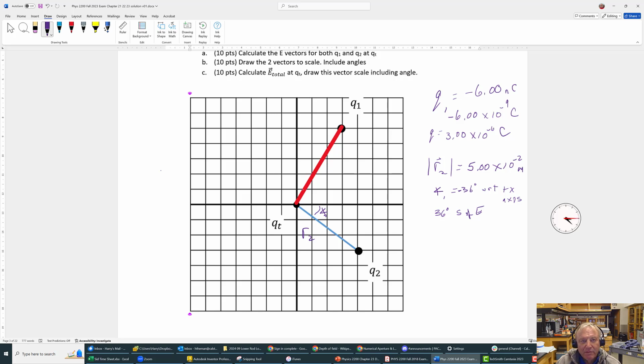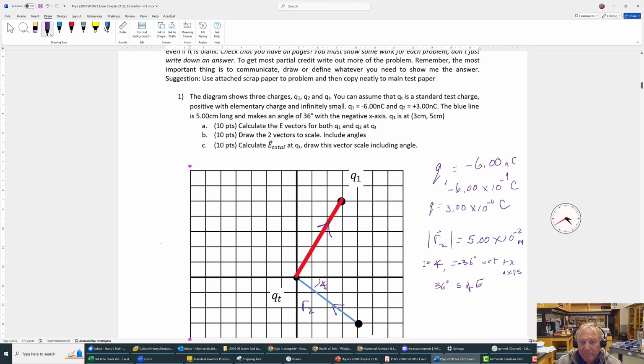So, if Q1 is negative, the E vector points that way, and this guy points that way. Okay. Draw the two vectors to scale and include angles.